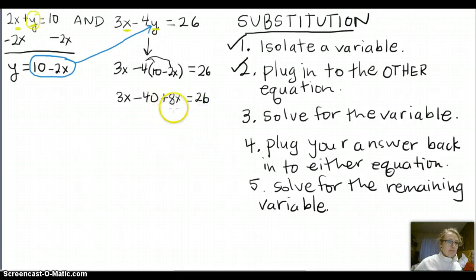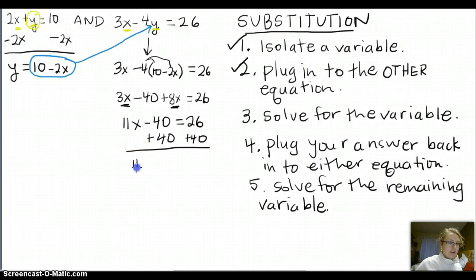I combine like terms. 8x and 3x can go together, to give me 11x's minus 40 is equal to 26. Now I will add 40 to both sides to get that 11x is equal to 66. My final step here is to divide by 11 on both sides, and I find that x is equal to 6. Woohoo! We already have one of our answers.